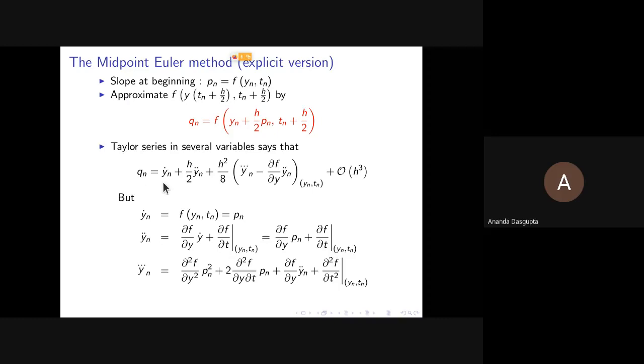Qn is yn dot, that's the f of yn comma tn, plus h by 2 yn double dot. This term exactly matches. This term is not exactly yn triple dot. If it had been, we would have been very, very happy, but it's not. And even if it had been, it would not have been perfect for us for reasons that you will soon see. Anyway, this is what Qn is. This is what we are actually using in the midpoint Euler method.